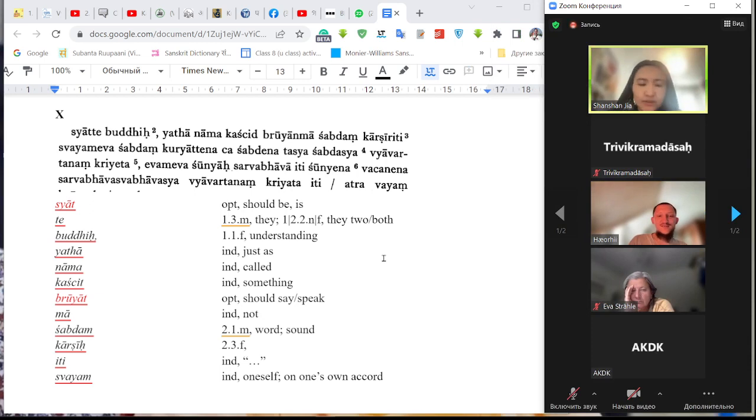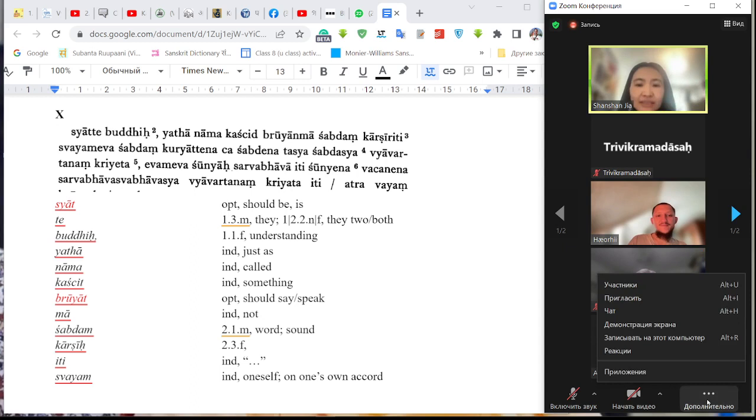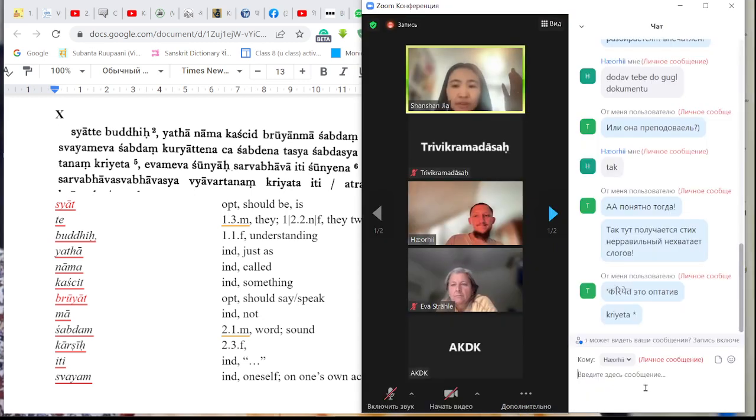If what is glossed or is explained as yatha, then you have some idea about this ma shabda in view of the sentence beginning with yatha. So yatha nama kashcit purusham ma shabdam karshih. So this part, George, would you like to translate? Only up till here, before this.